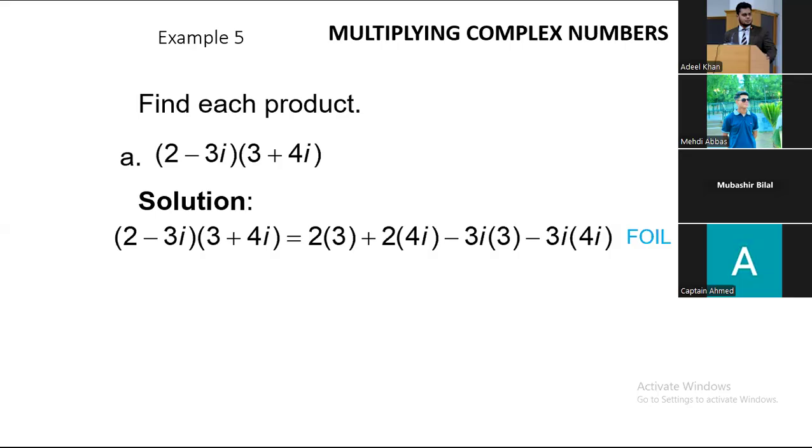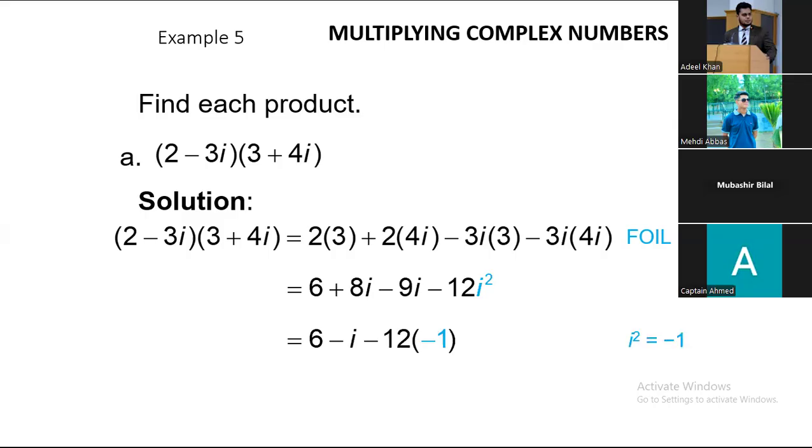So how can we solve these terms? Individually, 2 into 3 is 6, 4 into 2 is 8 iota, and 3 into 3 is 9 iota, and 4 is 12 iota square. So in blue text, that iota square represents minus minus plus 12.